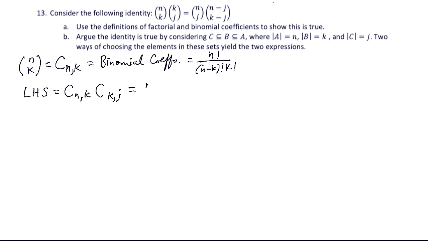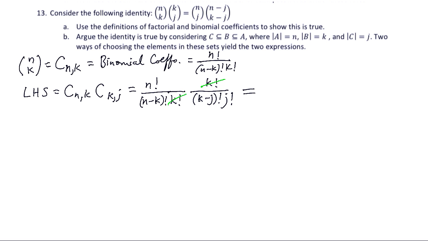And I'm going to have n factorial, n minus k factorial, k factorial. And now when I plug into the formula, I've got to keep track. It's k that's in the numerator, and it's k minus j now, and it's j factorial. And so I guess immediately the first thing I see when I look at this is that we have these k factorials canceling out.